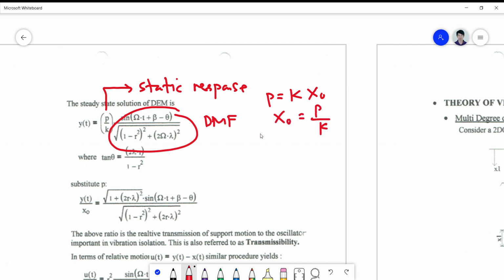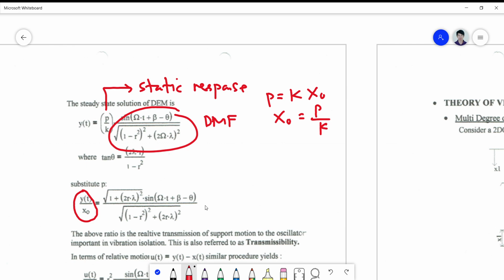If we substitute x0 here as your static response and divide it there, this is your ratio, and the ratio is the relative transmission of the support motion to the oscillator, which is important in vibration transmissibility analysis.